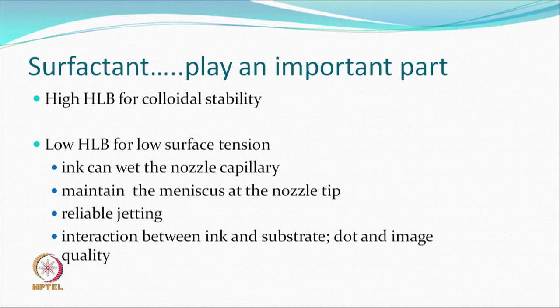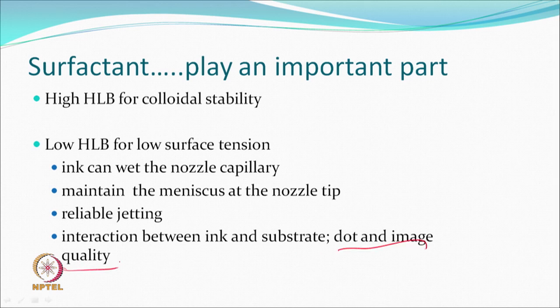It can also help you to keep the nozzle capillary always wet. It can also help to maintain a meniscus at the nozzle tip, and it can also give reliable jetting. And as we said before, the interaction between ink and substrate can also be affected; dot and image quality, both of them are so important to us.